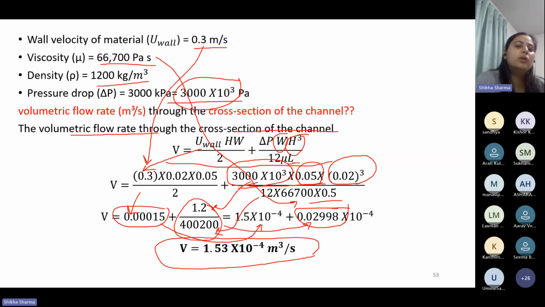If you know the formula, you can just directly put in the values and get the answer. In other cases, they are not direct questions; you need to think, solve some steps, and then apply the main formula. But here in extrusion, mostly you get the direct formula, you just apply it and solve.